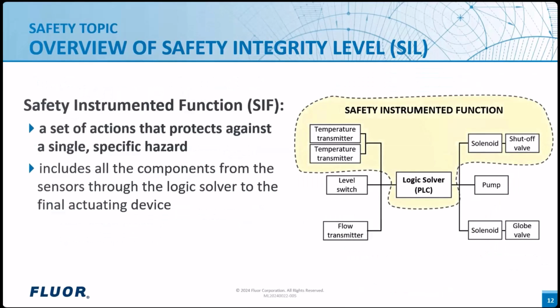A SIF is a set of actions that protects against a single specific hazard. It includes all the components from the sensors, through the logic solver, to the final actuating device. For example, high temperature readings in a vessel will trigger the automatic closure of a shut-off valve to stop the flow of the heating medium.